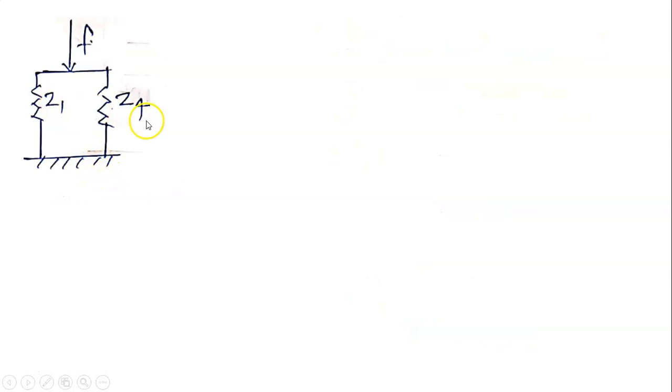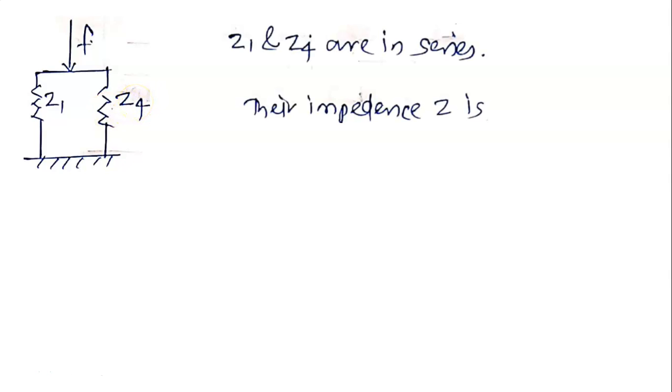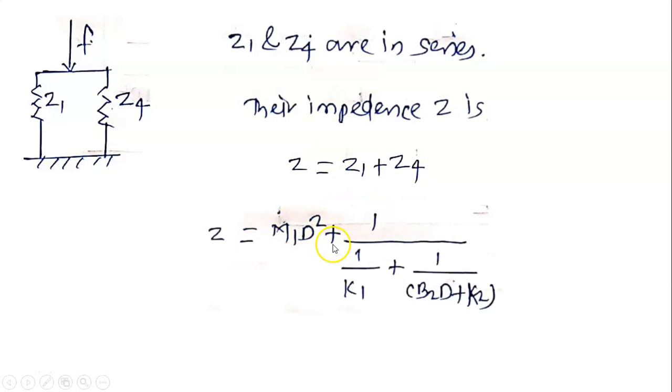Now Z2 and Z3 are replaced by another impedance, that is Z4. Therefore, next diagram: Z1, Z4. Z1 and Z4 are in series. Therefore, their impedance Z is equal to Z1 plus Z4. Substituting the values of Z1 and Z4, we get Z equal to MD square plus 1 divided by 1 upon K1 plus 1 upon B2D plus K2.